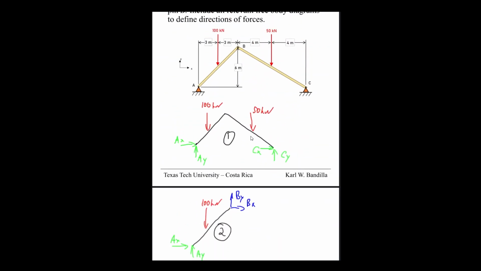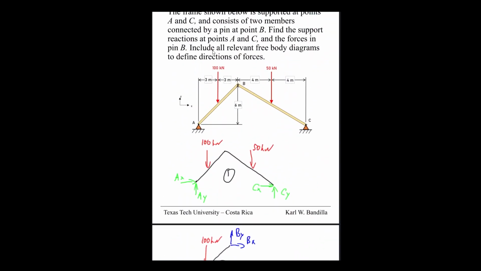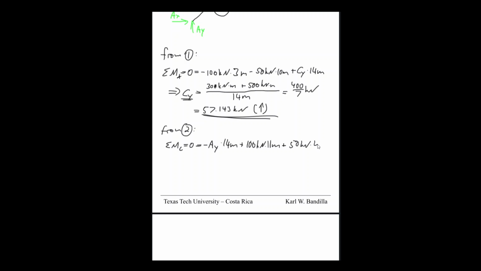Then the 100 and the 50 are both turning counterclockwise. So they're plus. This would be 4 is 8 plus 3 is 11. So plus 100 kilonewton times 11 meters plus 50 kilonewton times, if I go back to C is what I'm looking for, then that's 4 meters times 4 meters.